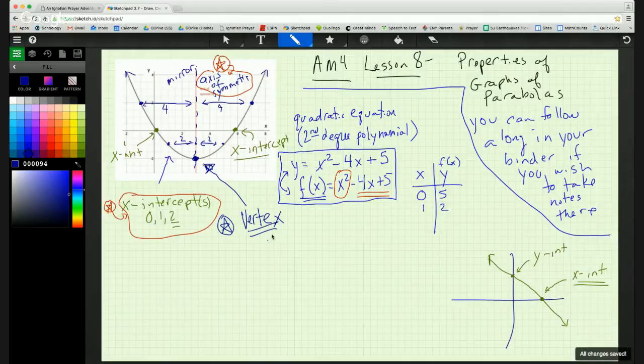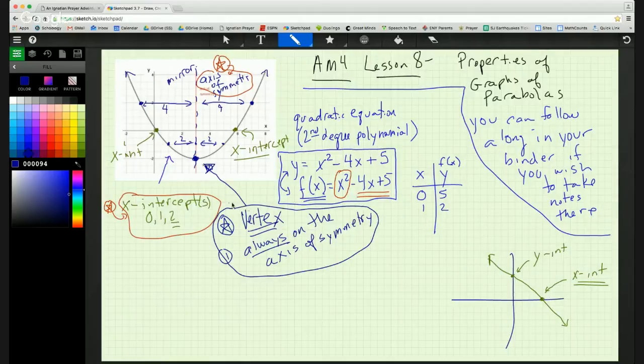The vertex is always on the axis of symmetry. Always. So that's a huge, huge point. This is kind of like point number 3 in 3A. So the vertex is a vocabulary word, but you need to know that it's always on the axis of symmetry.